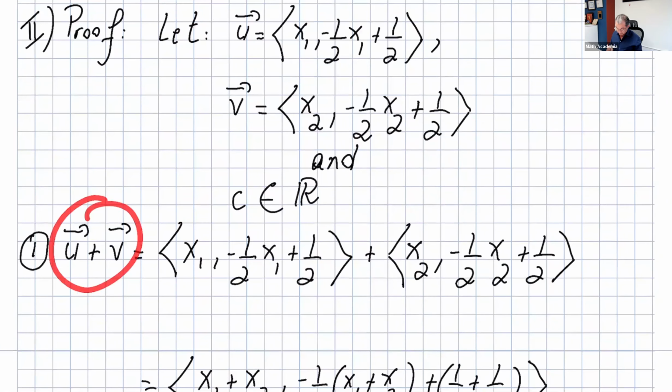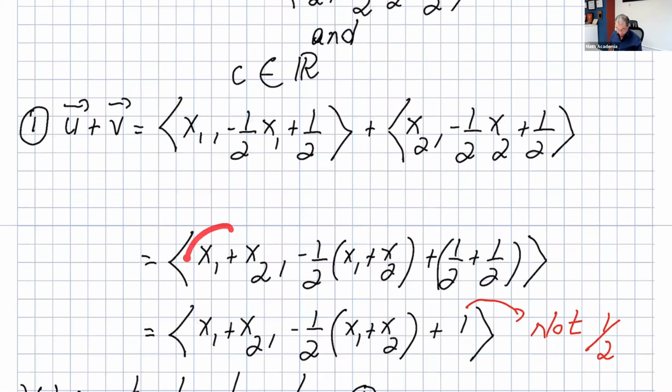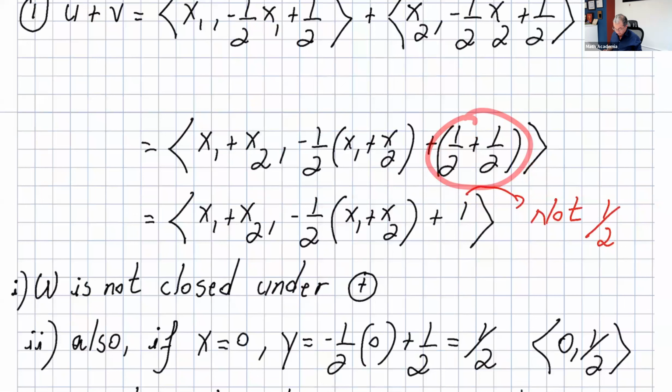u plus v, if we add these two vectors, you get x1 plus x2, negative 1 over 2 times x1 plus x2, and we get 1/2 plus 1/2. If we add these two, we get 1, and we notice right away this is not closed under vector addition.